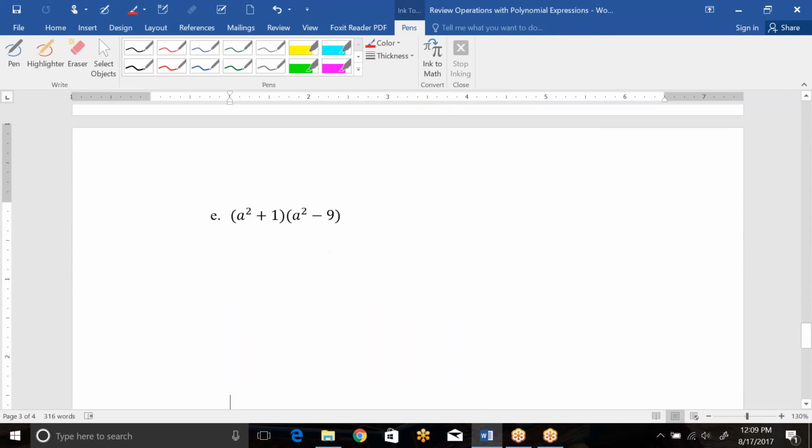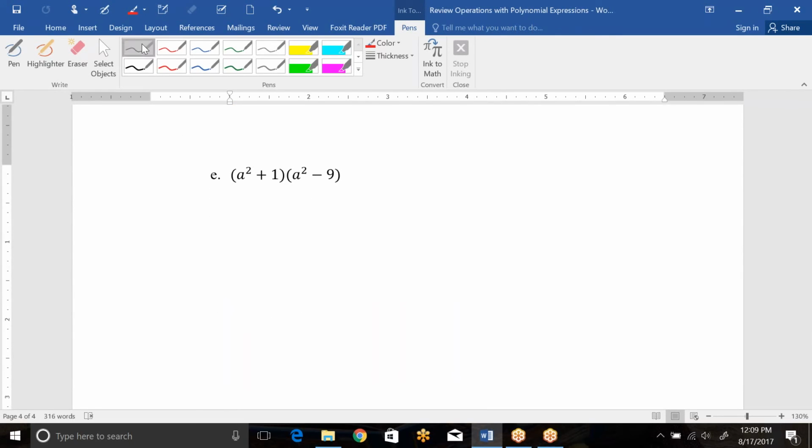All right, for E, we're looking at a binomial times a binomial. So you could just distribute here or you can FOIL. Just to remind you of what FOIL is, you do your multiplication in labels. So first term times first term. Then we do outsides or outers, so outer terms together.